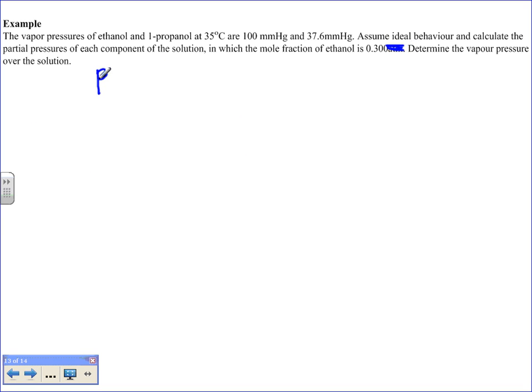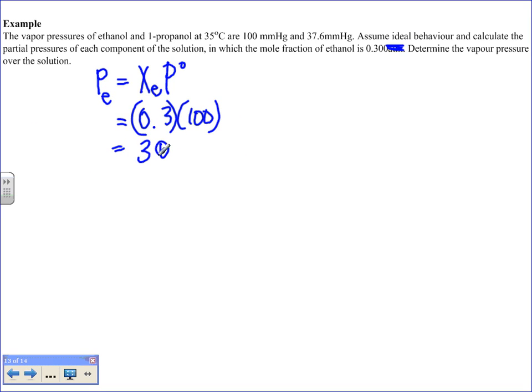And what we can find is the partial pressure of ethanol, which is the mole fraction of ethanol times its individual partial pressure at that temperature. So we've got 0.3 times 100, which is 30. The partial pressure of the propanol is the mole fraction of the propanol, which in this case is 0.7.